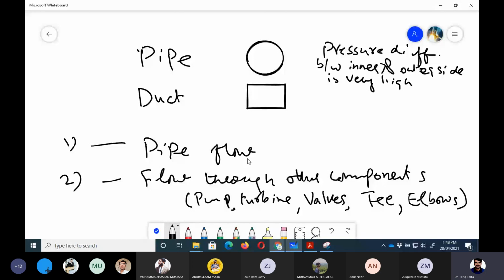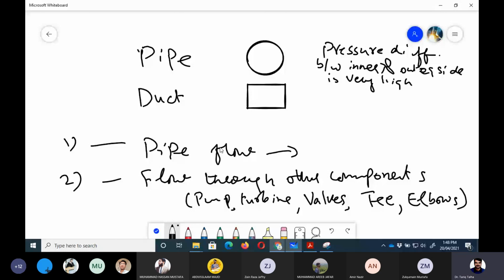So these are the two major parts. One is the straight pipe, which we are going to consider now, and then we would also consider the losses which the fluid experiences due to passage through these components. The losses which come due to friction come under the category of major losses. We call them major losses.